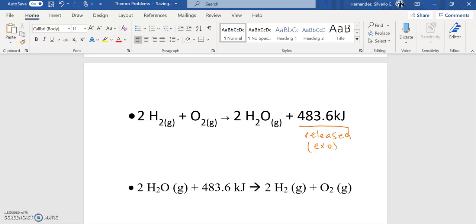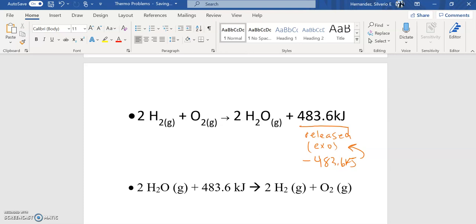Now, sometimes if you're asked to calculate this for a reaction, or sometimes you may see it given to you as not a part of the thermochemical equation. If it's just written as negative 483.6, that means that they're telling you that the reaction is an exothermic reaction, that it is given off, it has lost energy.